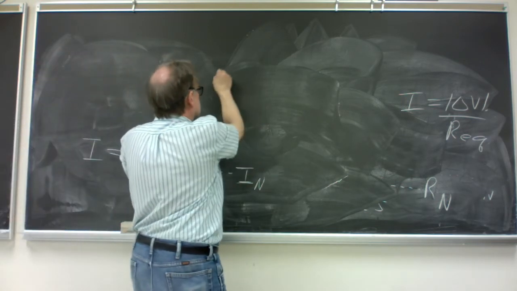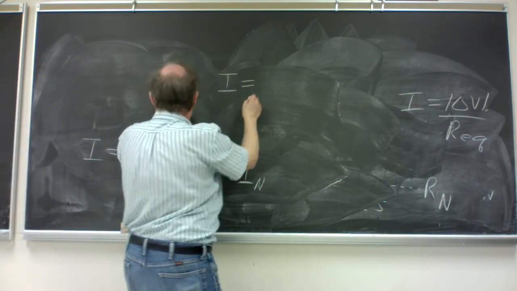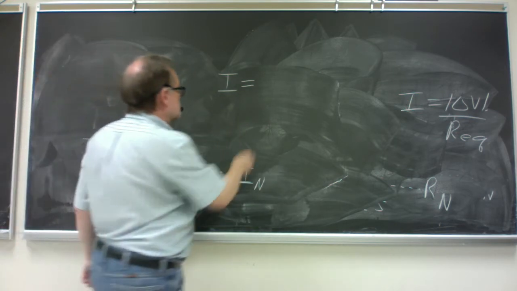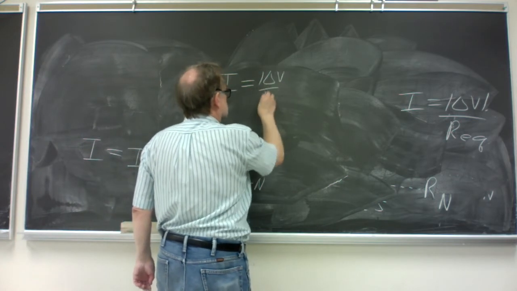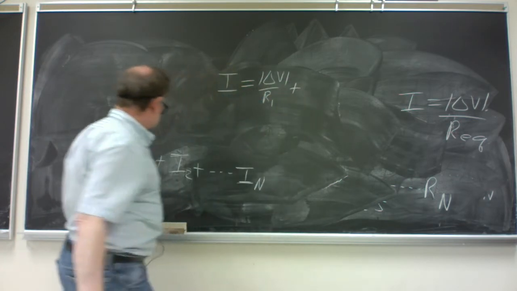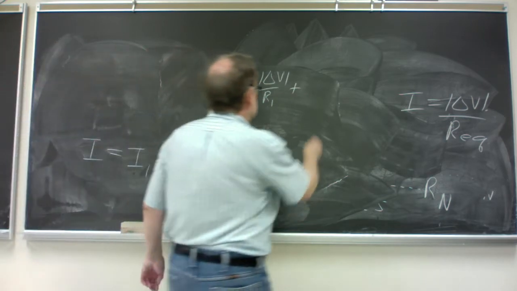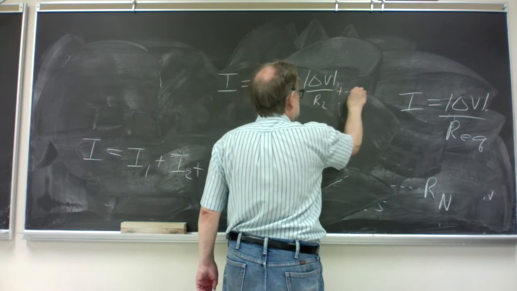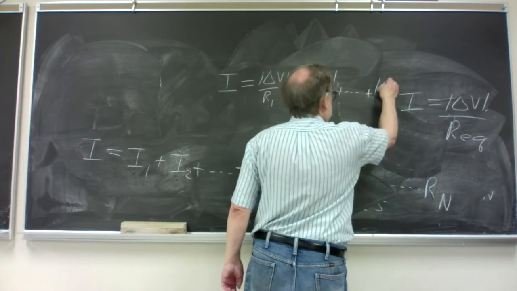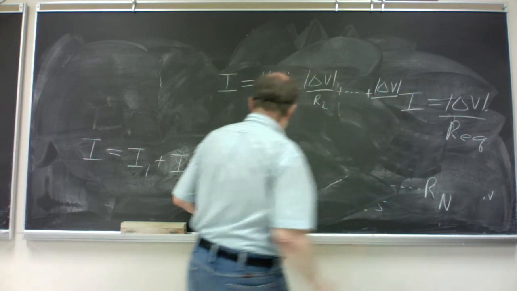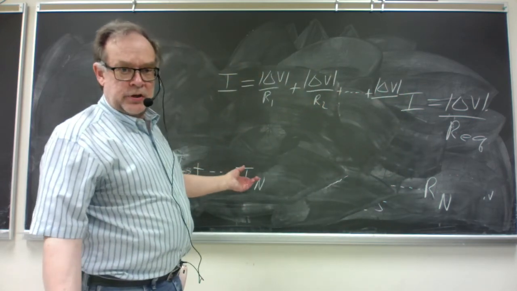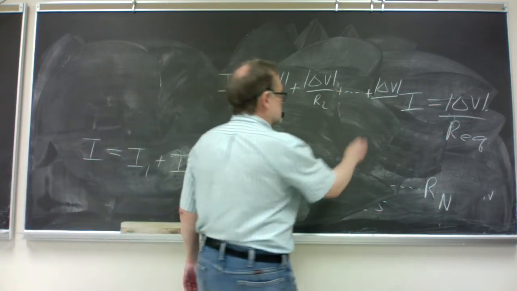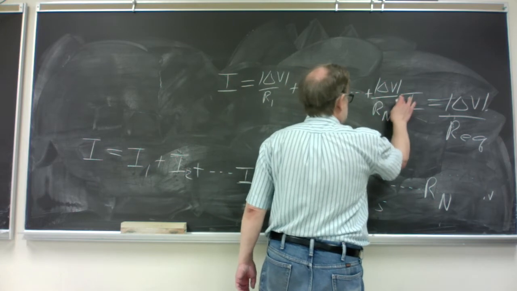So, grand total current is I1, which is potential difference divided by resistance 1. And similarly, current 2 is potential difference divided by resistance 2, etc., etc. And then the nth current is potential difference through the nth resistor divided by the resistance of the nth resistor.